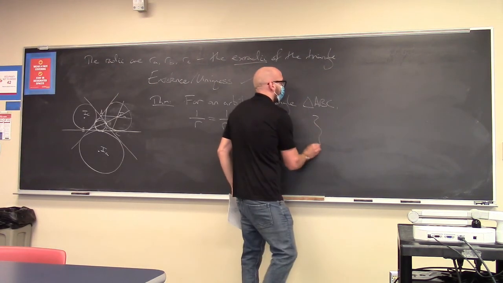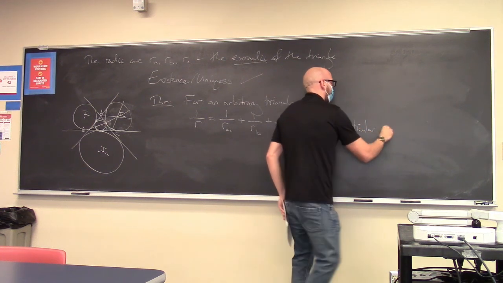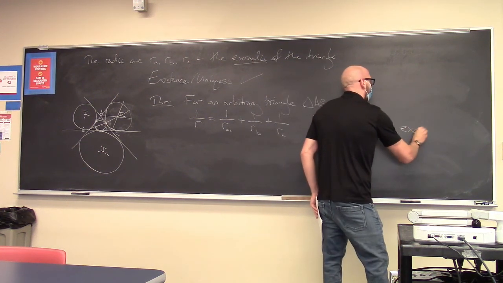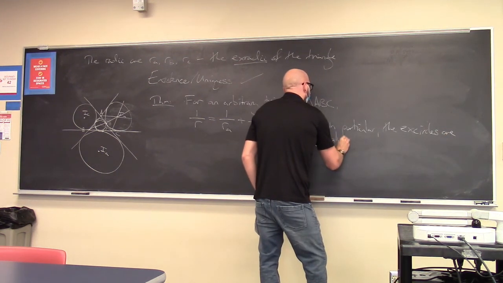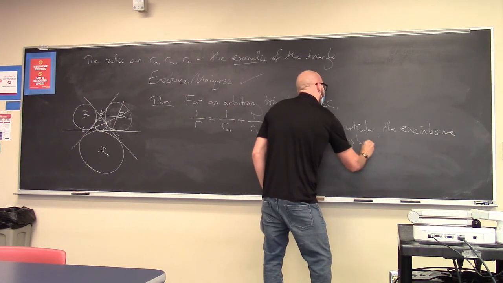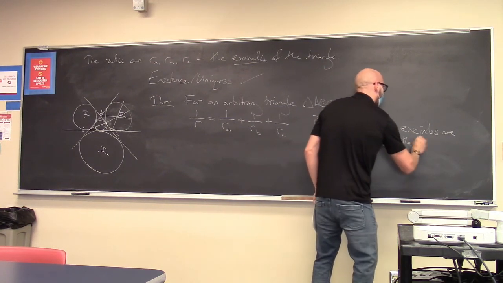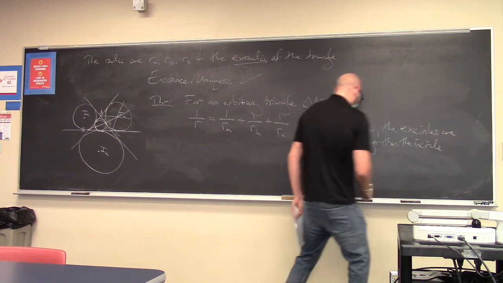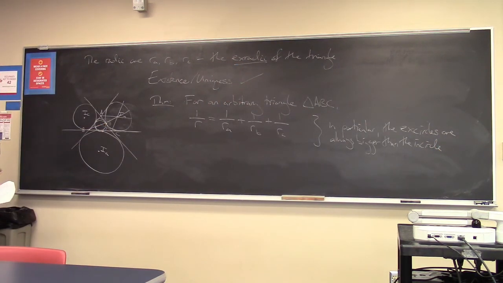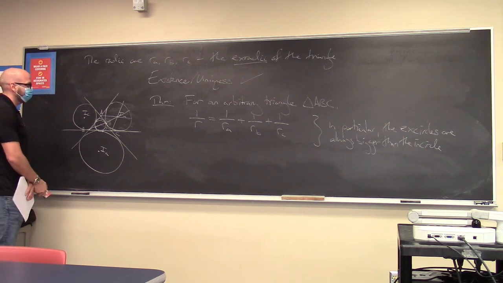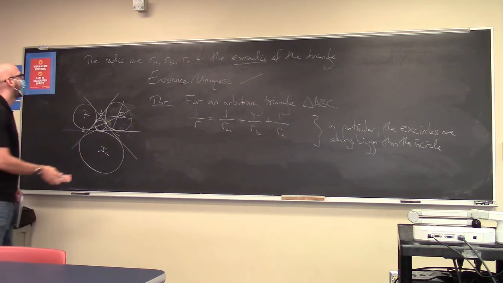So in particular, the excircles are always bigger than the incircle. Which again is completely obvious if you think about how they're constructed. But that formula there establishes it as well.